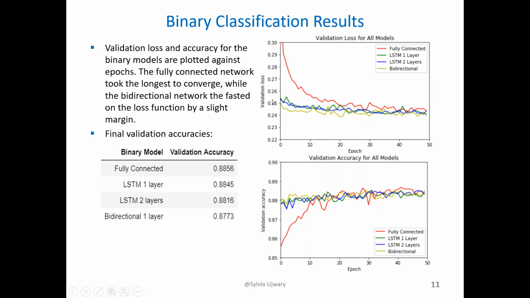And maybe the bidirectional layer has a bit of a head start on the other ones, but at the end of the day, they're all having similar validation losses. And this is definitely mirrored in the validation accuracy, where basically they all end up at about 0.88 accuracy. So 88% of the time we are correctly predicting if the robot is dropping the ball or holding the ball.